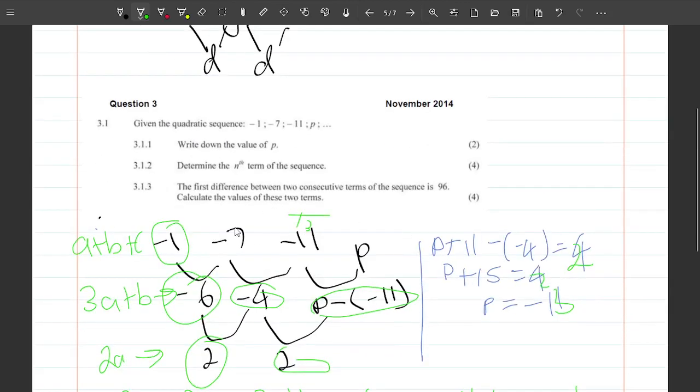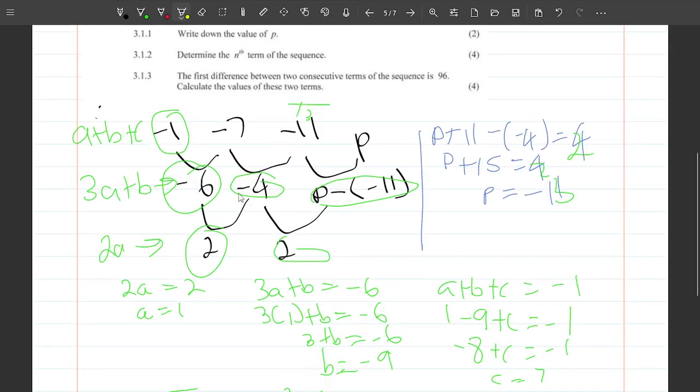Then we're told the first difference between the first two consecutive terms of the sequence is 96. Calculate the value of these two terms. What on earth did I just read now? The first difference between the two consecutive terms of the sequence is 96.